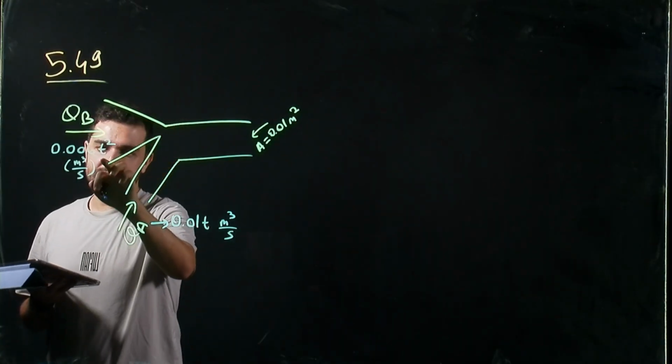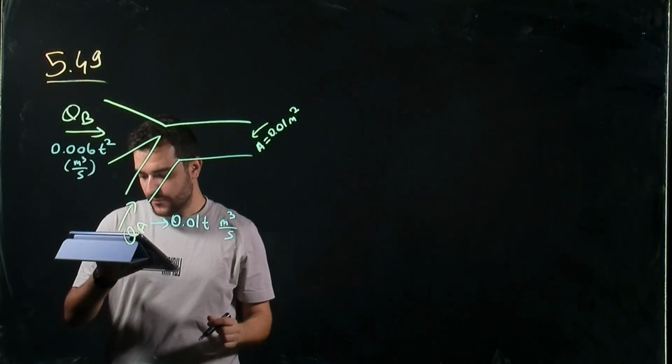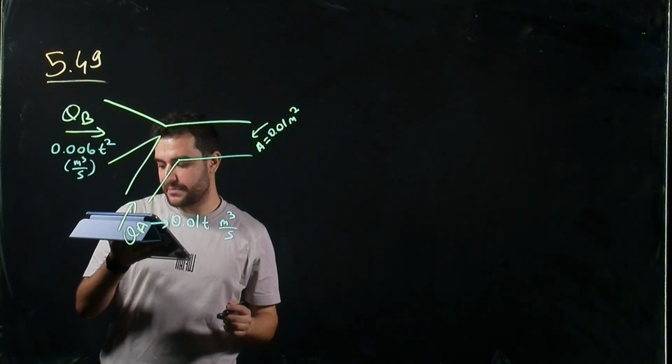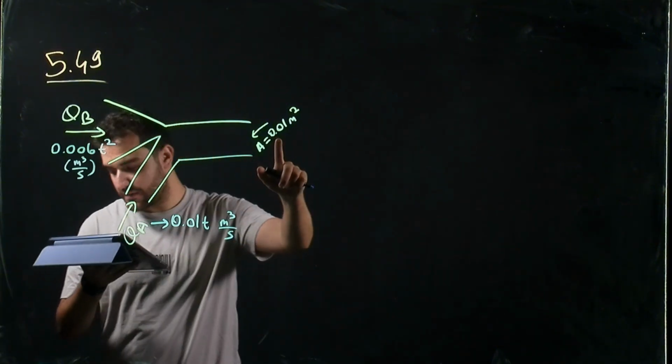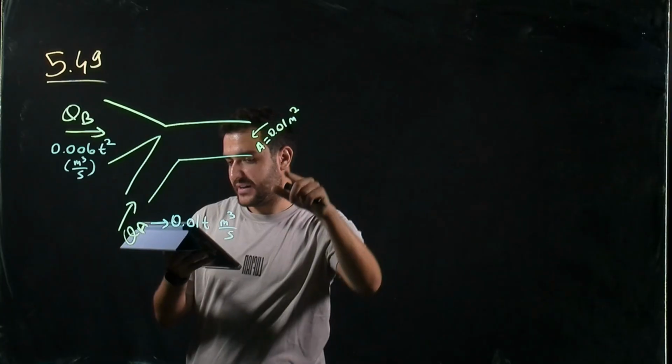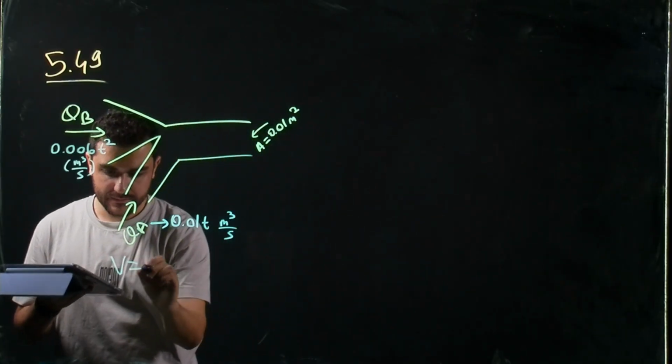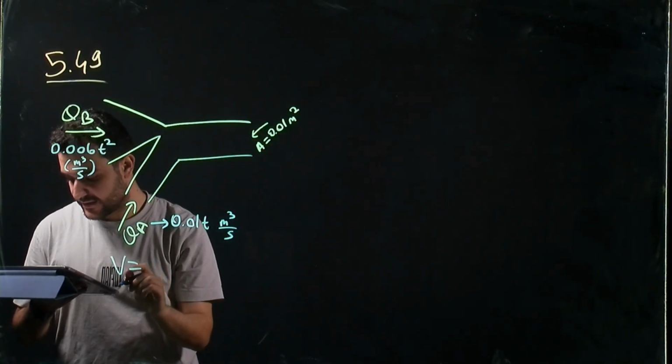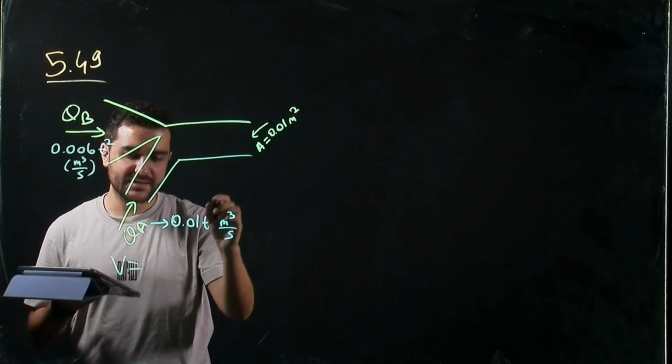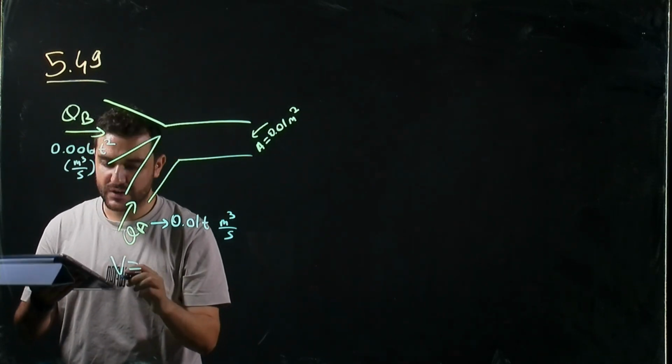Here t is in seconds. The exit area of the pipe is 0.01 square meters, and we need to find the velocity and the acceleration of the fluid at the exit at t equal to 1 second.